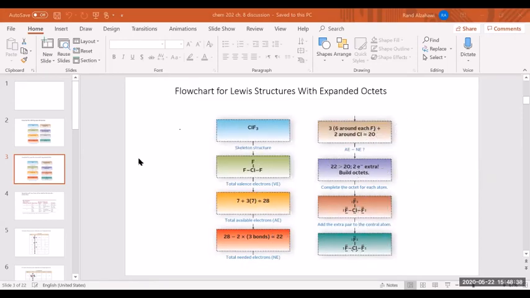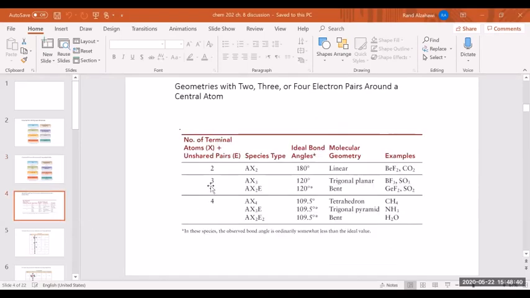Okay, now let's look at what else we have. How to figure out the molecular geometry, the shape. Look here, guys. Don't forget the AXE notation.